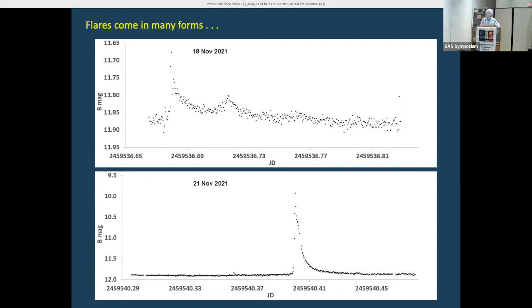The top flare was very lethargic. It crept up, it bubbled around a bit and slowly went back to close to quiescence, but it was a relatively small flare. And that's typical of the range of flares that we're observing. And we're trying to do a consistent analysis across all of those morphologies of flare, which is itself quite difficult.